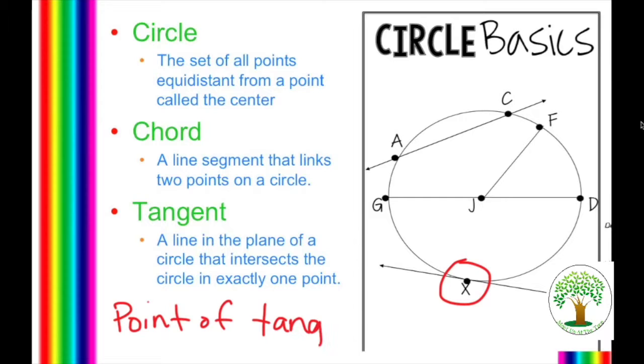The point of tangency is the point where the line and the circle touch. So you want to put a little arrow like I did. Yeah, that's good. Good job. The point of tangency.